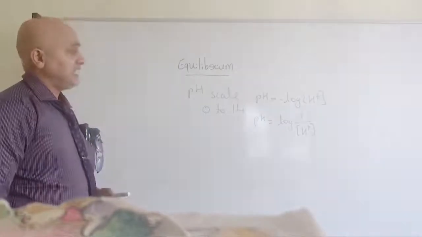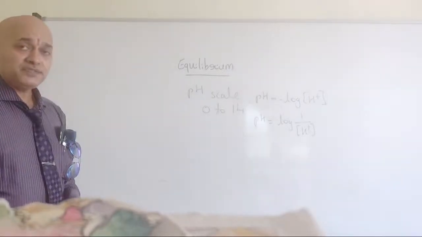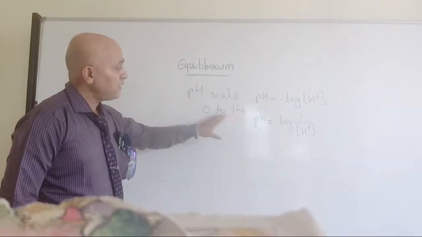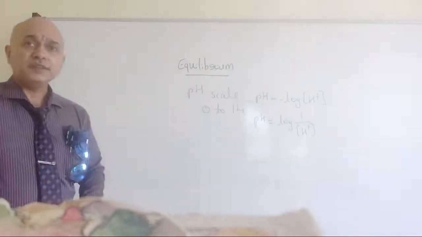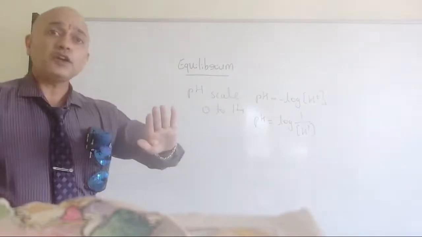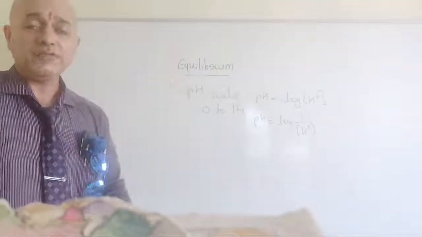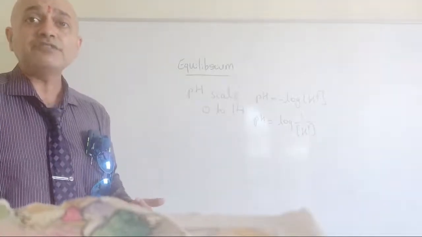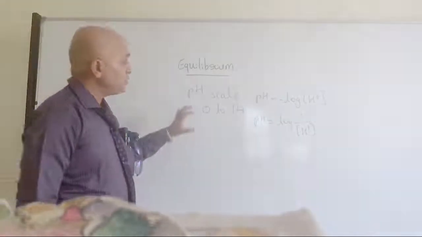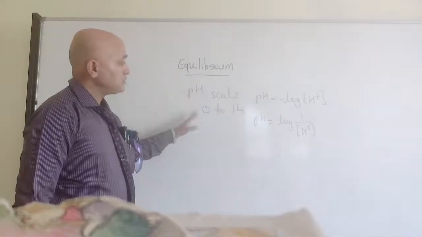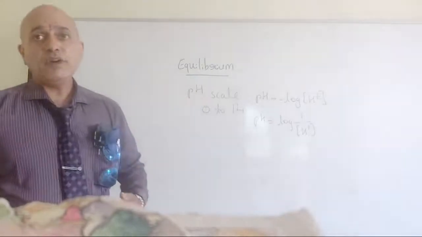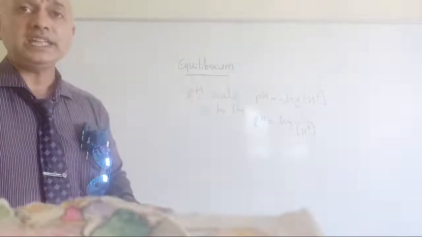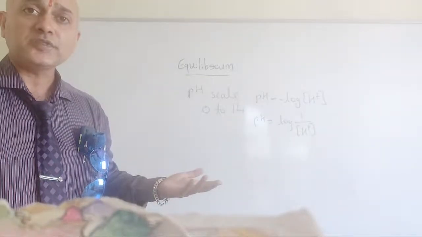If that is the case, how is the pH scale controlled by these values only? Why can the pH value not go beyond 14? It has to stop, right? That will be the question. Who decides that the pH value should be 0 to 14 only? Why not 16, 17 or 18?